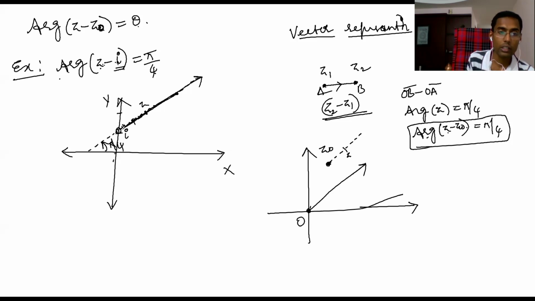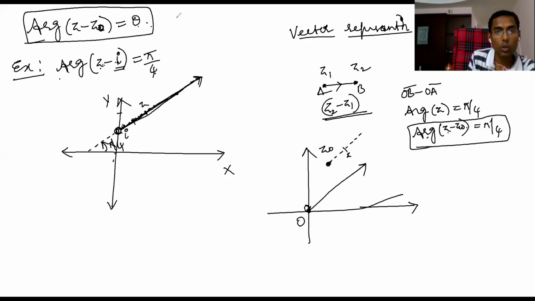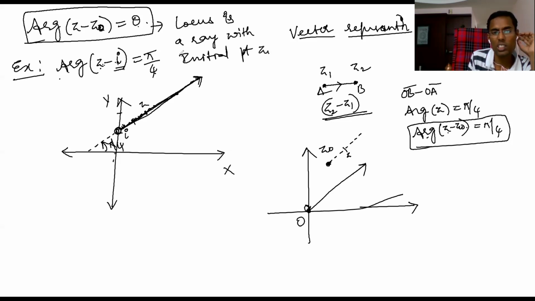Here i is excluded, just as the origin is excluded, and you can write the ray like this. Hope you understand. That means argument of z minus z0 equal to theta has as locus a ray with initial point z0. That is the meaning.